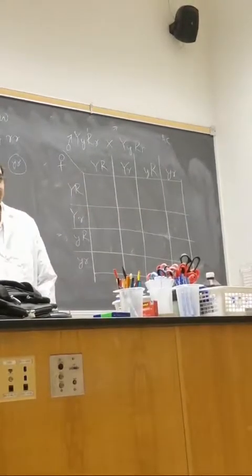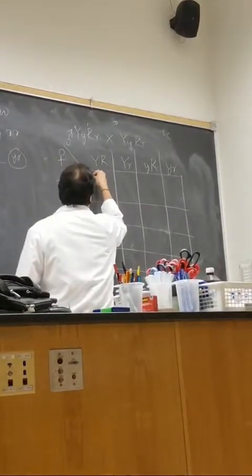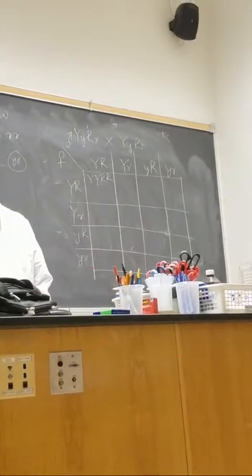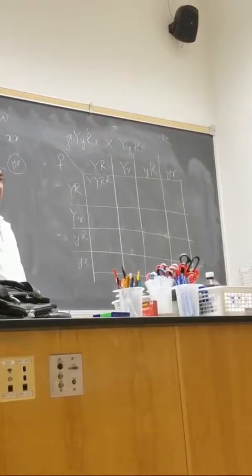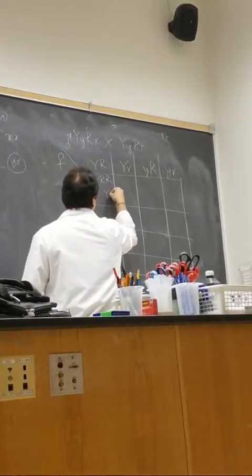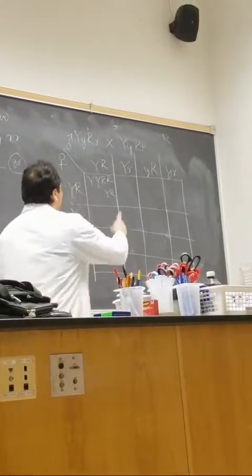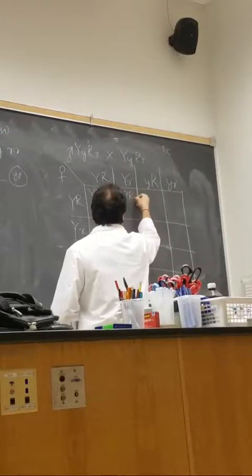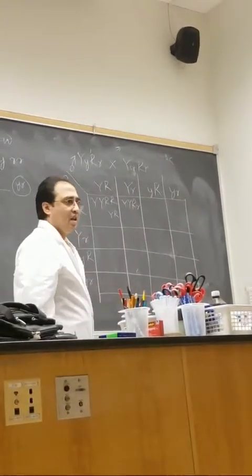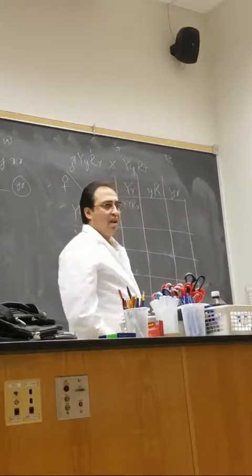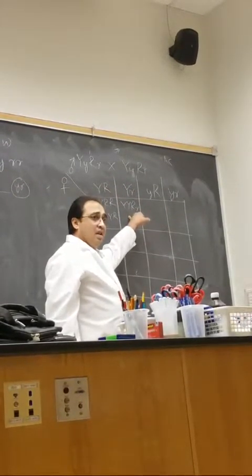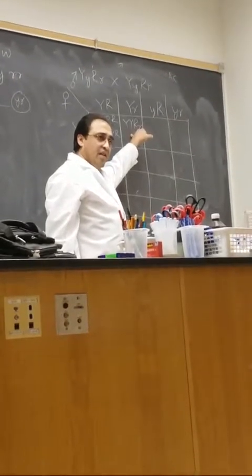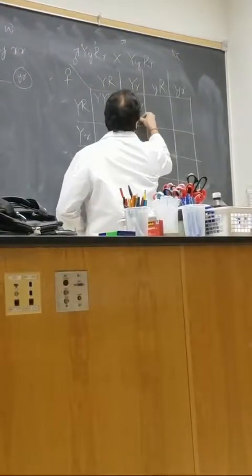Now, what will be the phenotype of these? This one has two capital Y, capital R, so it is yellow round because of the two dominant traits.